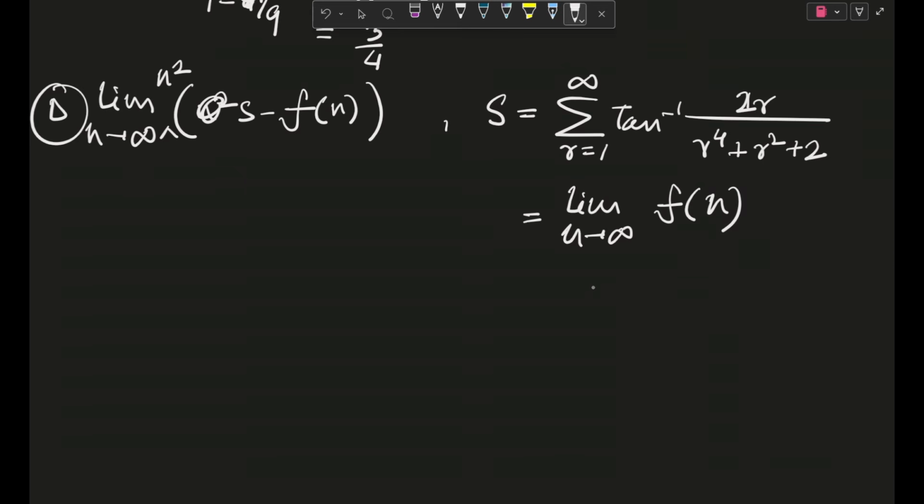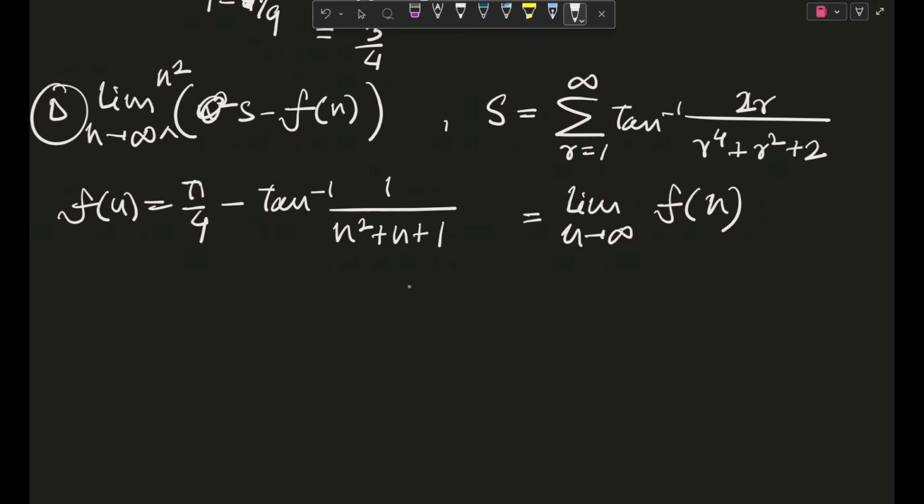And we obviously know that your f of n was pi by 4. I'm sorry if this looks like x, it is not x, it is n. Minus tan inverse 1 by n squared plus n plus 1.